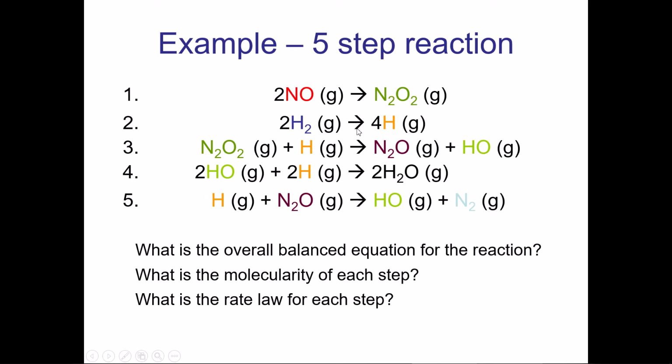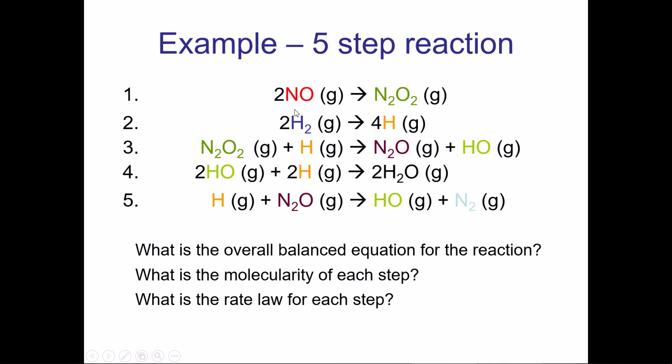Instead of 2 and 4, we can simplify this to 1 and 2. So I only need one H2 molecule to produce H's. So instead of this being bimolecular, because we have a 2 here, this is actually a unimolecular step, because I only need one molecule of H2, not two, to produce H's.